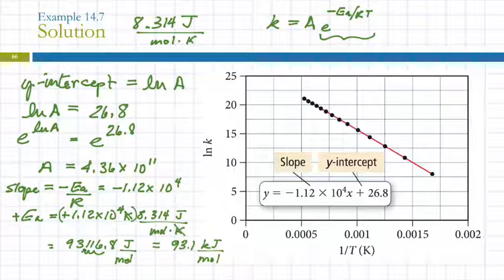So if the frequency factor is larger, if the exponential term here is larger, then the rate constant will be higher, the rate will be faster. Good questions. Anybody else?